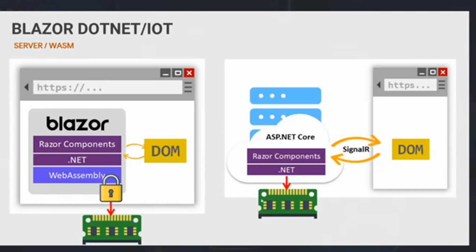And on the server side, this is cool. Use the server mode on the embedded device, because the server is the device itself, right? We don't have the server on a cloud. The device itself is our server.